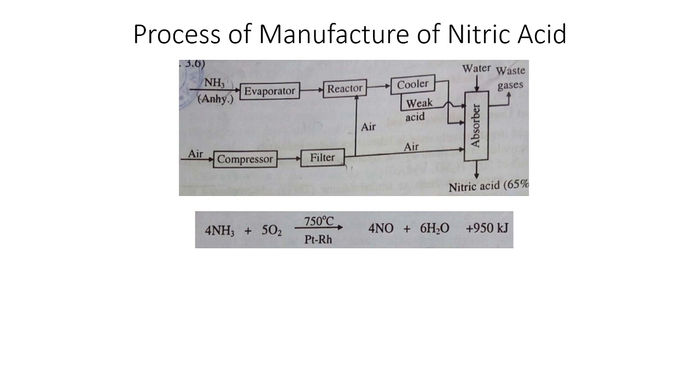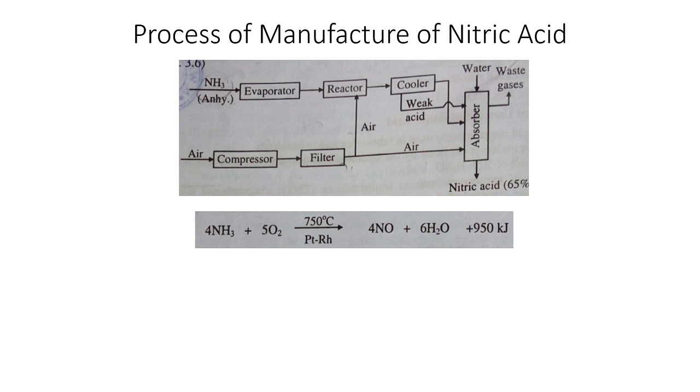Now after cooling, these gases are sent to the absorber. You can see in the figure the last step is the absorber. So what actually happens in the absorber: the cooled gases from the reactor are introduced into a stainless steel absorption tower, and it is cooled externally with water, meaning it is surrounded by a water circulating system like our condenser.